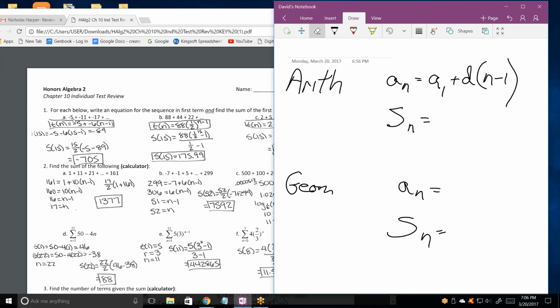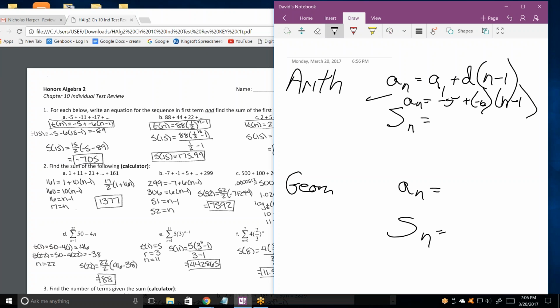You can look at that sequence. What's the first term? -5. What's the common difference? -6. And if you plug that in, you'll get a sub n equals -5 plus -6 times n minus 1.